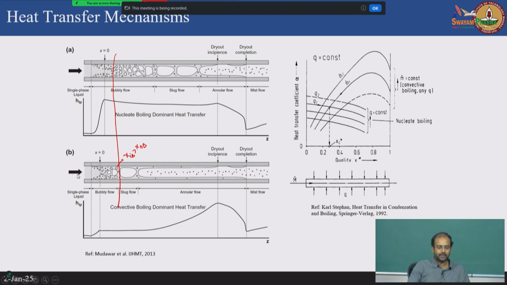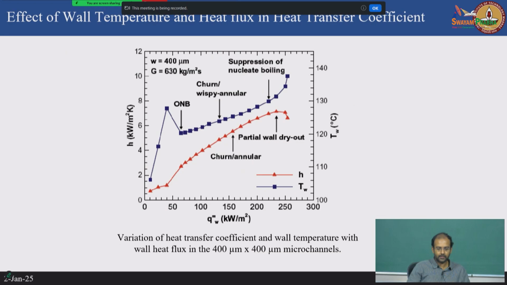By increasing the supply of the liquid, even if the vapor quality is high, you are continuously replenishing the liquid film, and once you are in the slug flow and annular flow regime is where the power of convective boiling is, because as you see, the higher the quality, the higher the heat transfer coefficient in convective boiling. So, that is what happens.